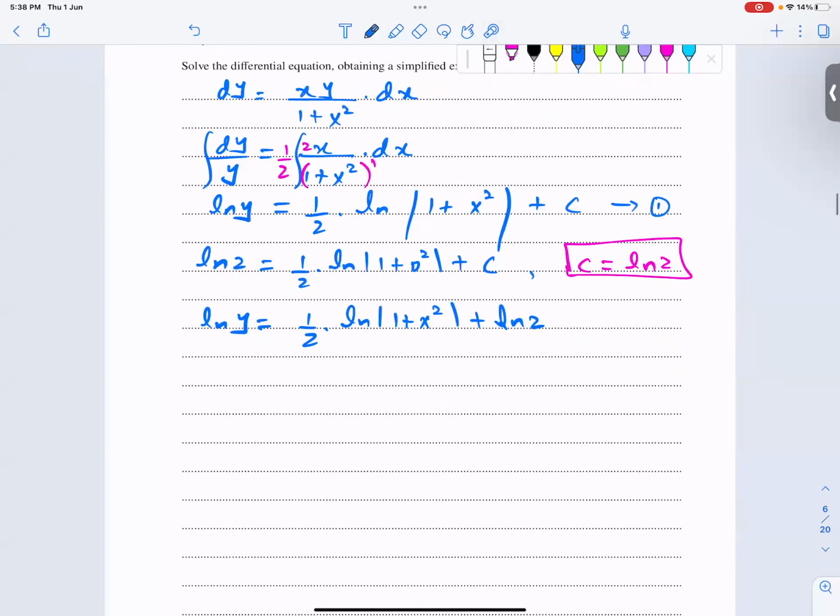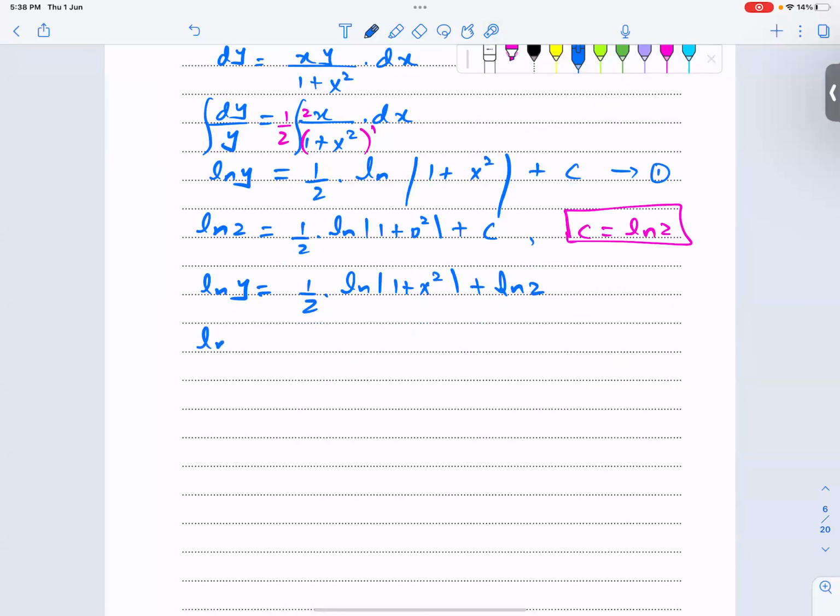So now you will combine all these logs. Just write ln of y and then bring this 1 over 2 into the power of 1 plus x square by using the property for ln. This will be 1 plus x square whole to the power 1 over 2, and the power 1 over 2 is actually the square root. So instead of writing 1 over 2, I can put the square root, then ln of 2.